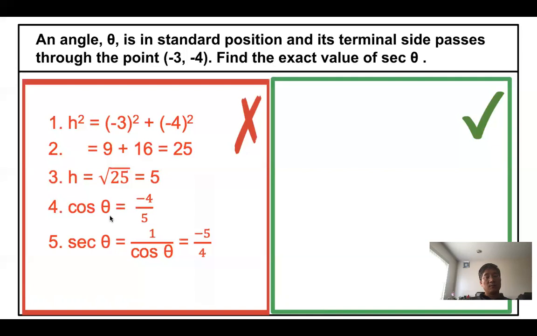Cosine is what? Adjacent over hypotenuse. What is adjacent? Is it the x value or the y value? Adjacent is the horizontal x value. Is x -4? No, y is -4. Then this is sine, right? So to be cosine, which value should you take? Yes, the x coordinate, -3. Then secant will also be upside down.